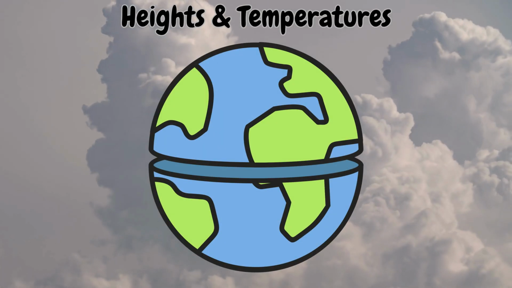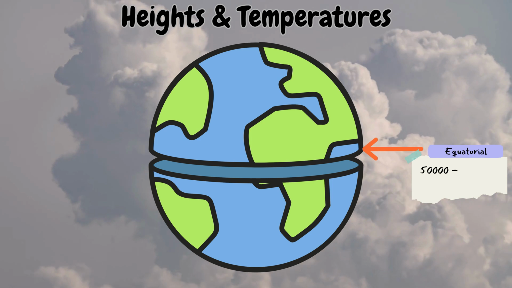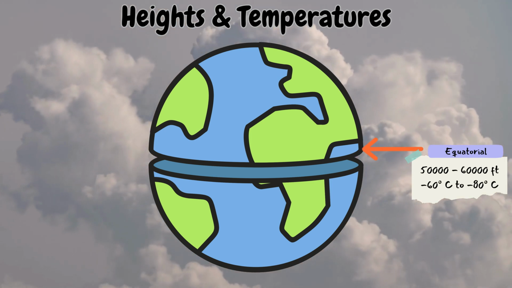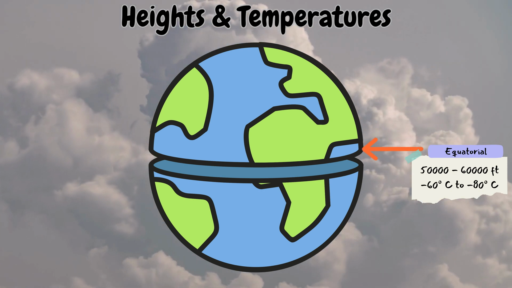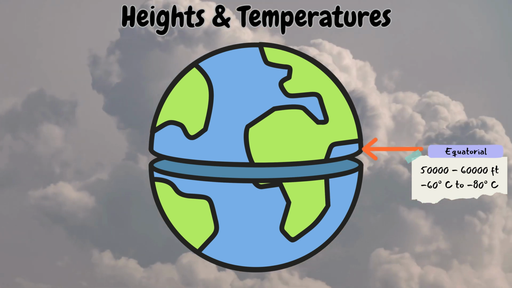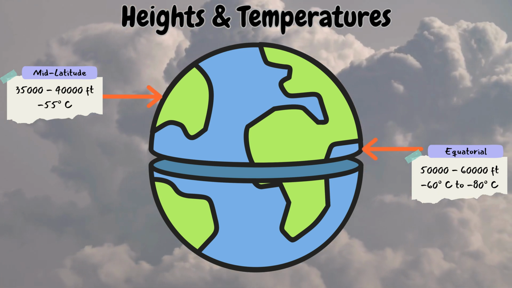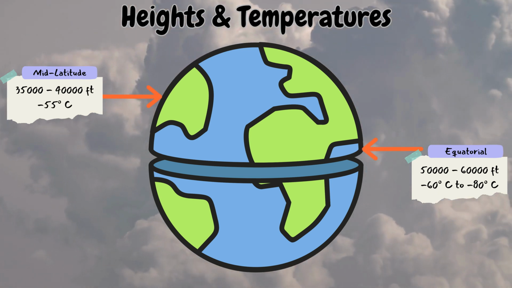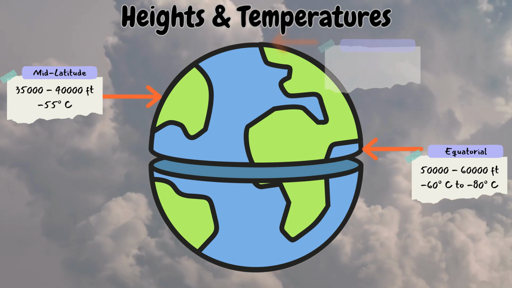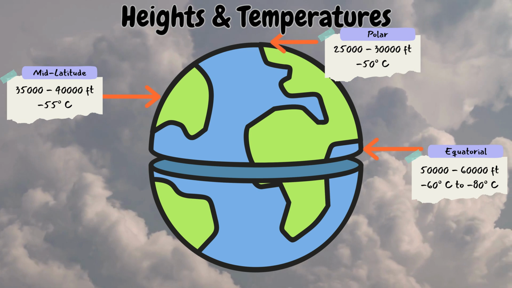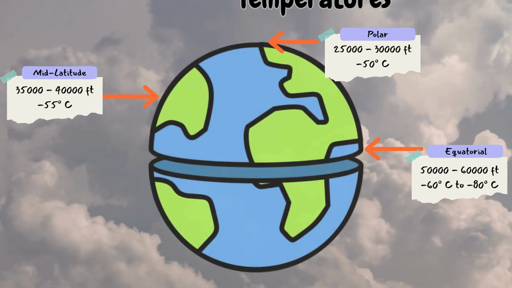Typical heights and temperatures include equatorial regions, 50,000 to 60,000 feet, with temperatures ranging from -60 Celsius to -80 degrees Celsius. Mid-latitude regions, 35,000 to 40,000 feet at around -55 degrees Celsius. Polar regions, 25,000 to 30,000 feet at approximately -50 degrees Celsius.